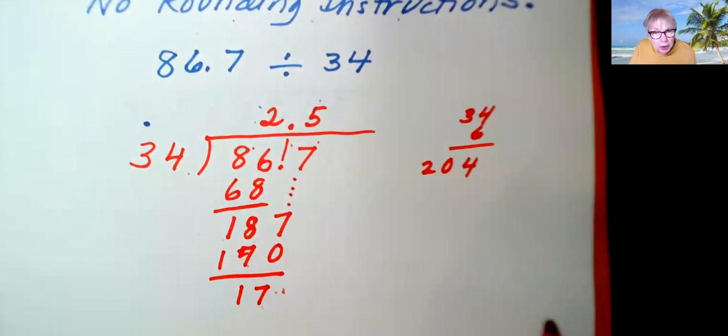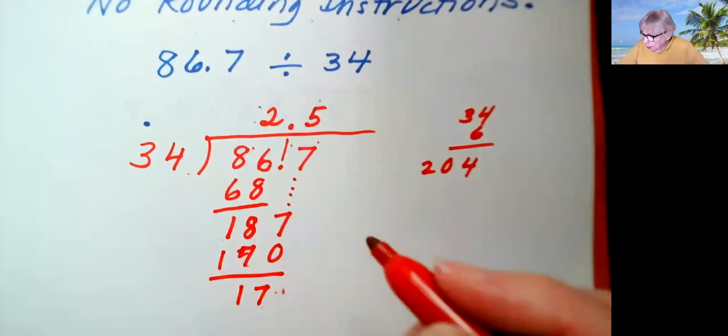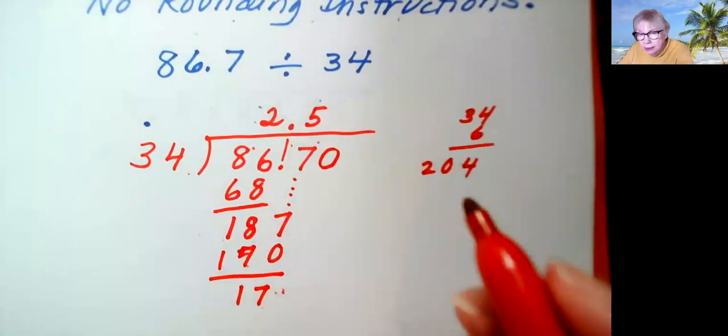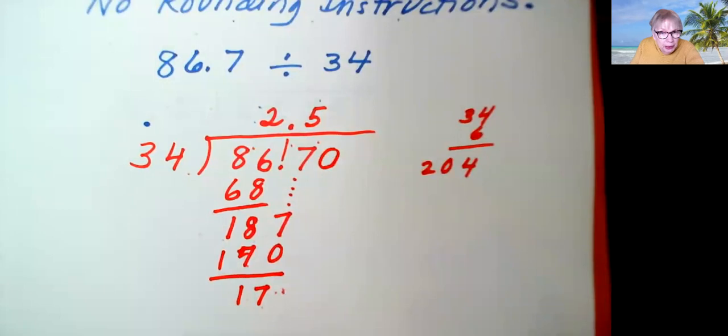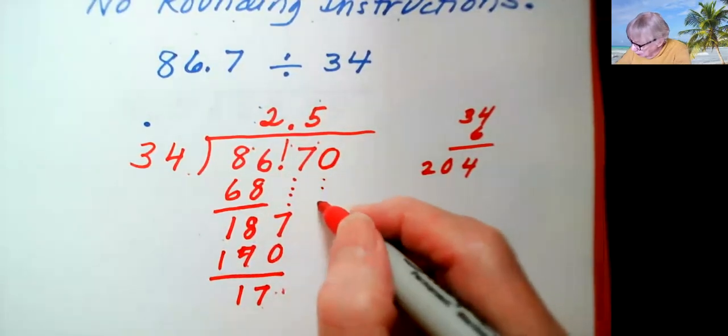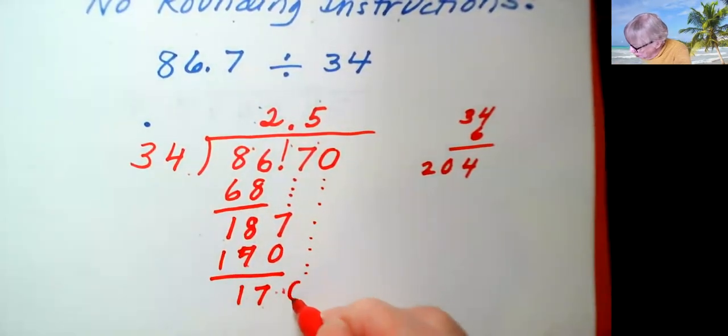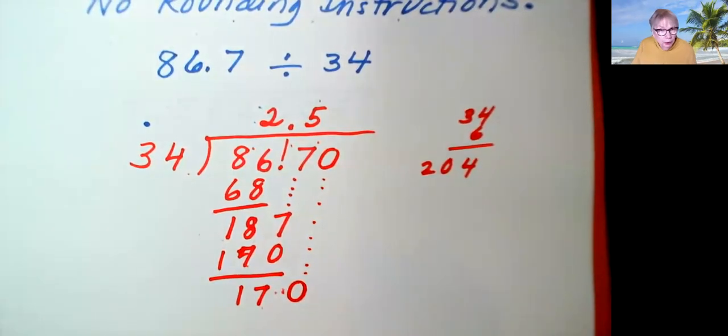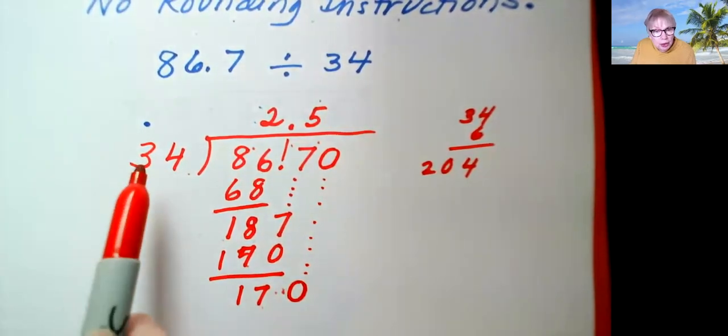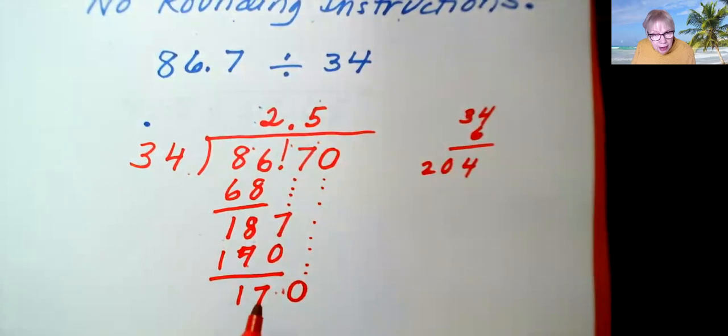Now, because there were no rounding instructions and there's still a remainder, I'm going to be hopeful about this, add one more 0 and bring it down. Now 34 into 170, I think is going to go.